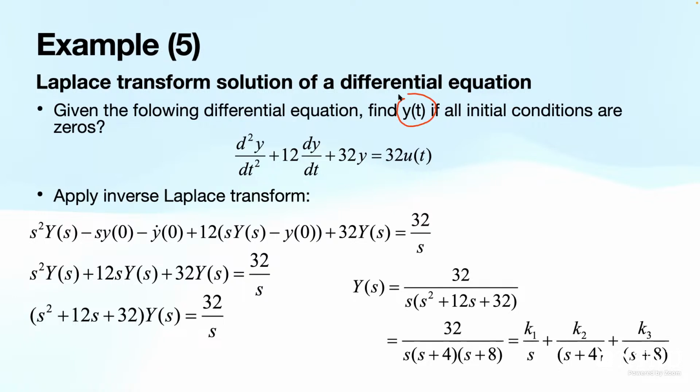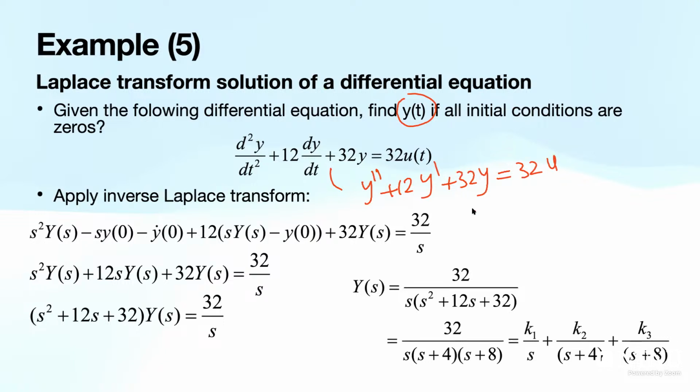I will write this equation in a different format, maybe similar to the example which we solved. So it will be y double dash plus 12 y dash plus 32y equals 32u. Now we need to apply the Laplace transform.